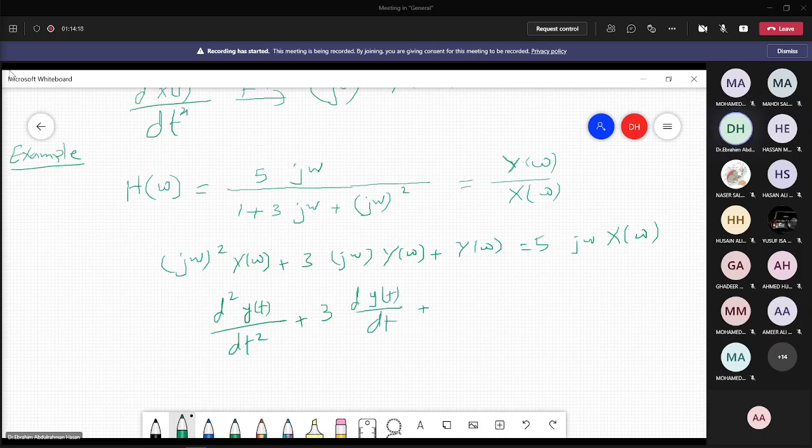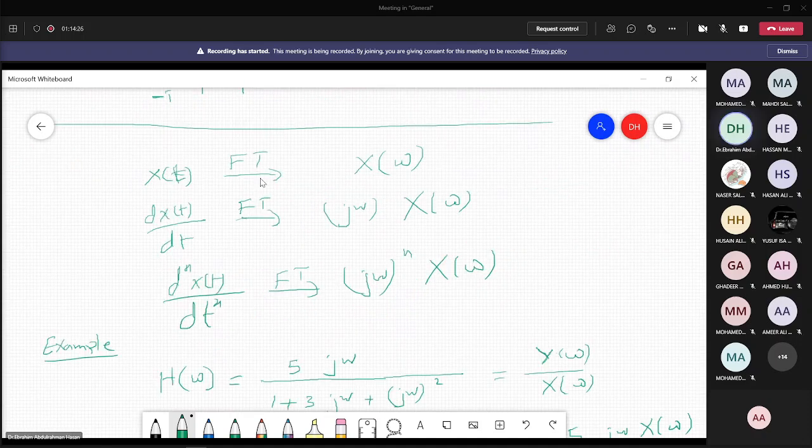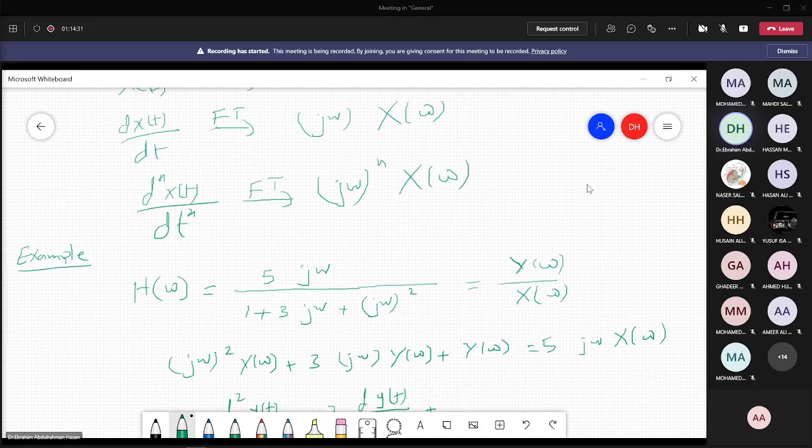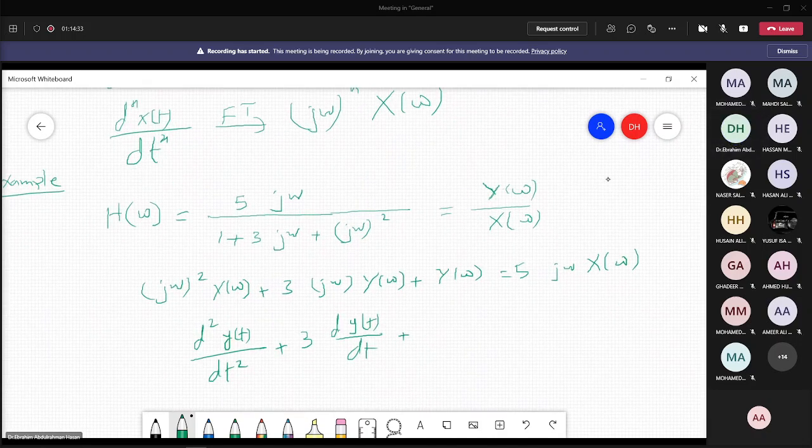And the Fourier transform of y of omega is y of t, equal to 5, and here we have j omega x of omega, which is equal to the first derivative of x of t, dx by dt.